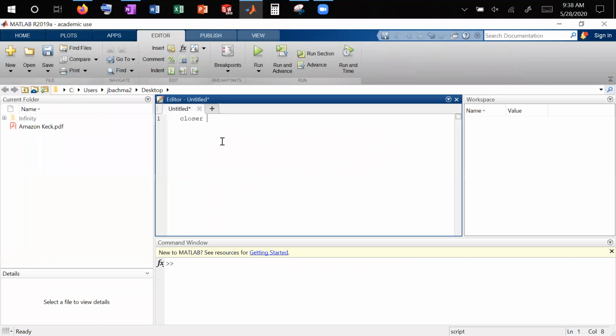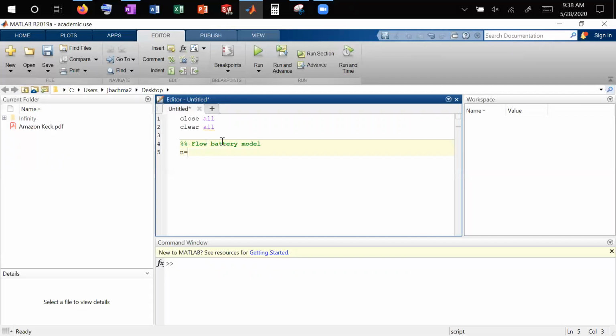So we're going to close all the windows, and clear all our variables. So this is going to be our low battery model.